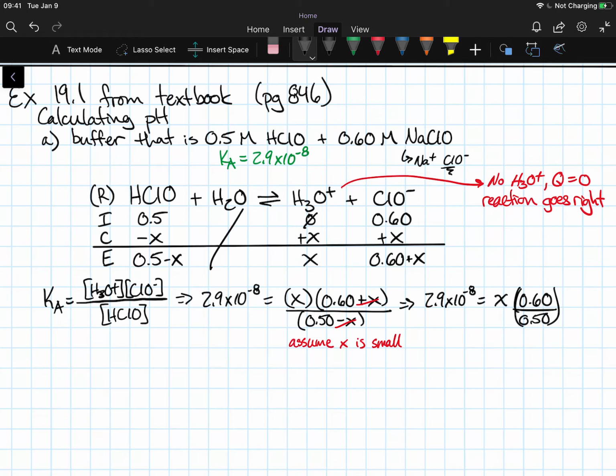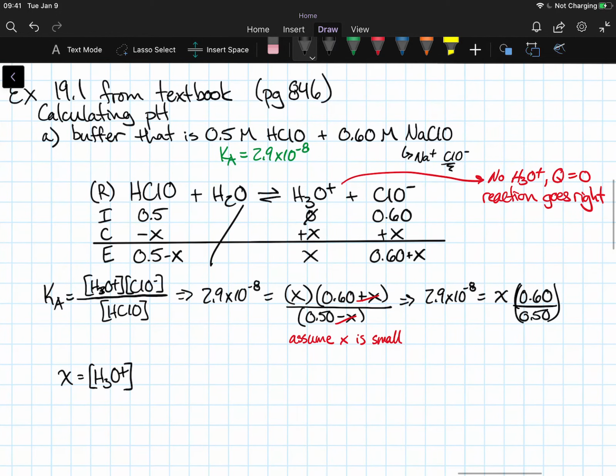Now we want to solve for x, so let's bring this down here. Remember, x in this case is equal to the concentration of H3O plus, which ultimately is our goal because we need the pH. So once we've calculated the hydronium concentration, we can take the negative log of that and get the pH. So we're just going to rearrange this and solve for the H3O plus right away.